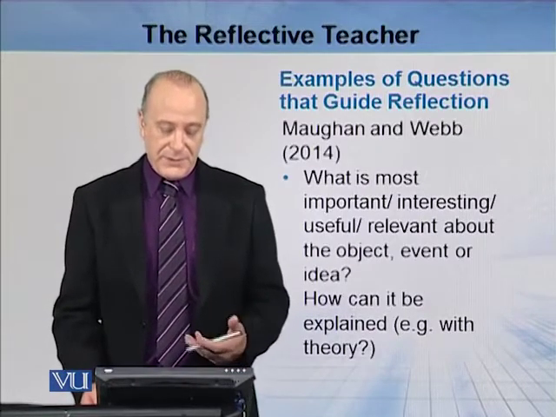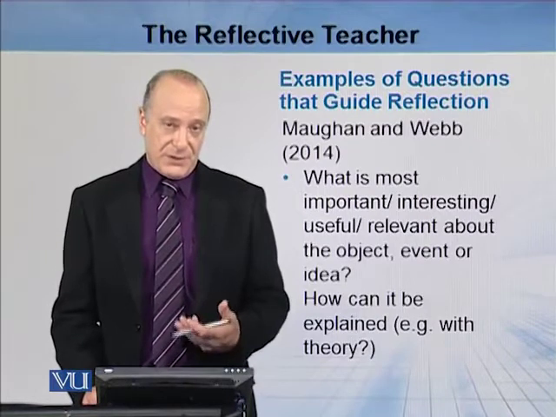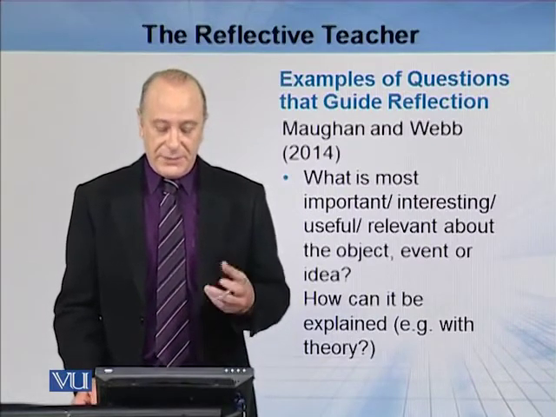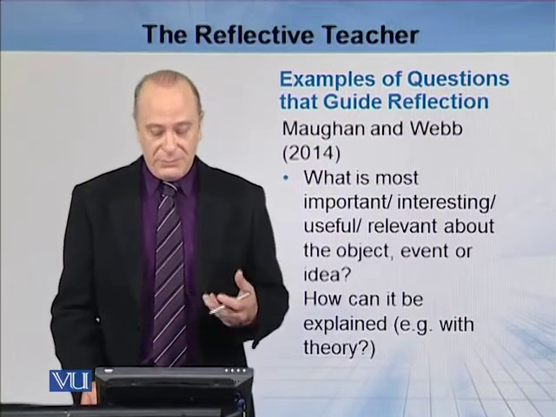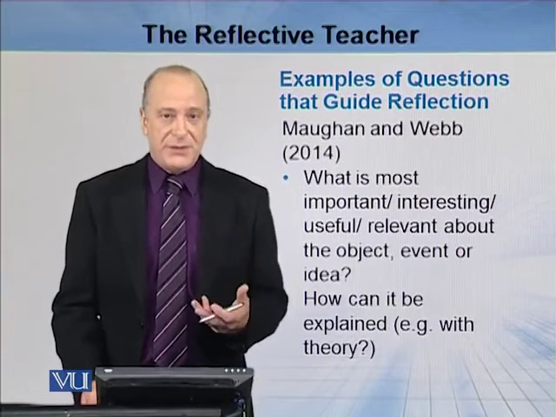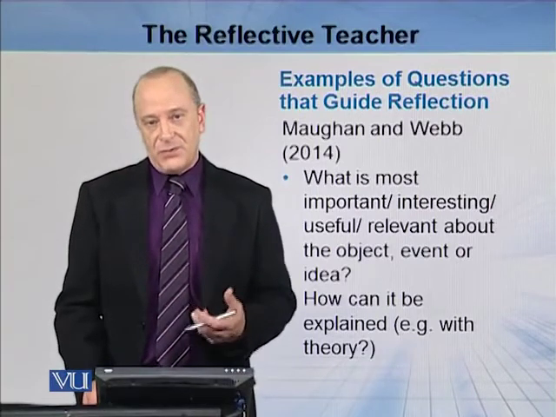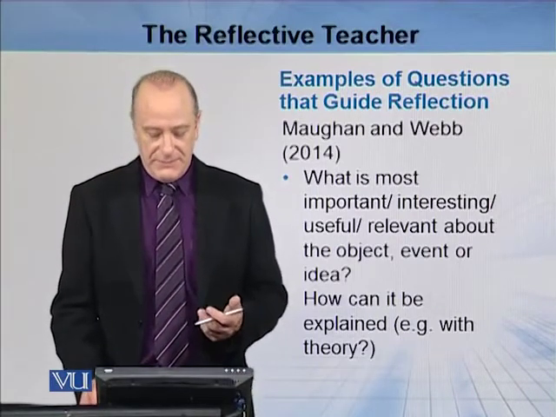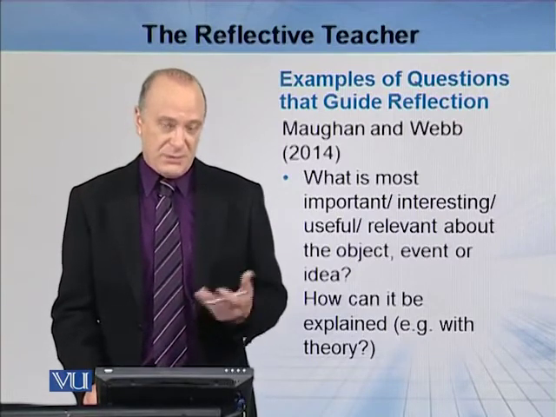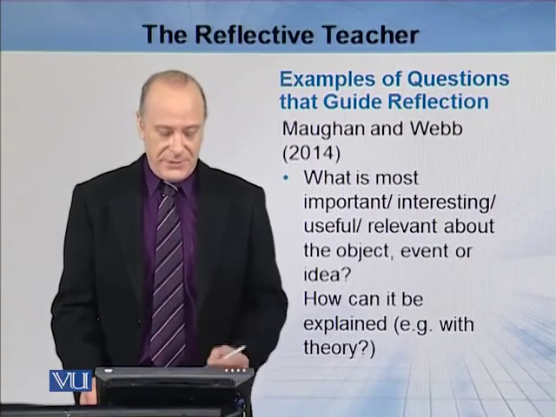Morn and Webb consider a number of key questions which can help to guide reflection. For example, they say that the teacher can ask what is most important or interesting or useful or relevant about what they did or something that they used, a resource that they used. They ask the question, how can it be explained, with theory or just through experience?